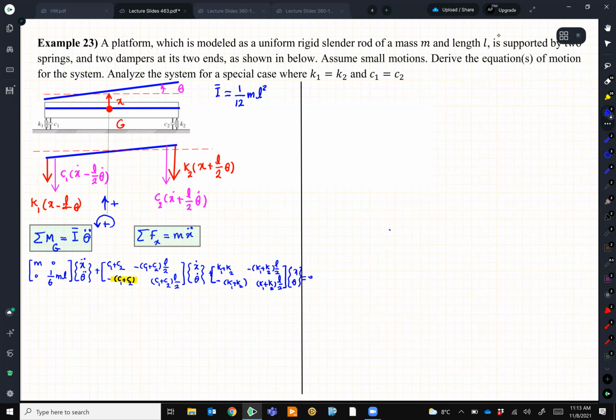Yes. So the K matrix, which part? You mean here?